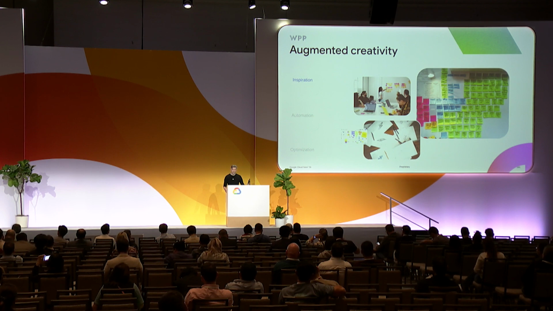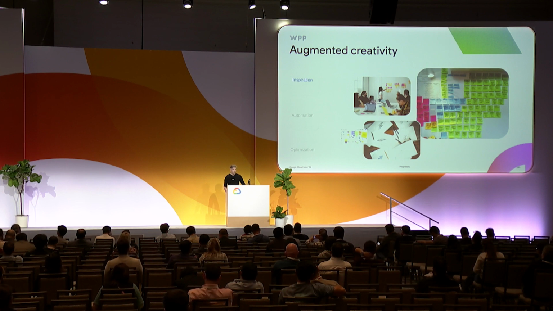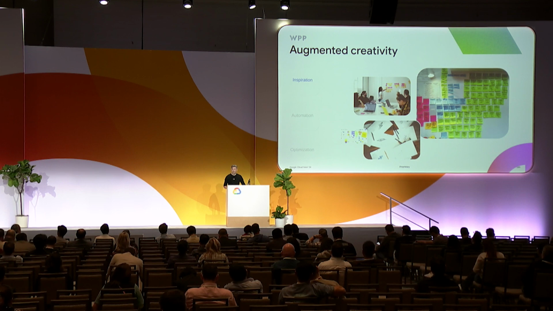And the people that work in our creative agencies really are artists. They're trying to come up with fresh thinking and new ways of moving culture forward or responding to a cultural moment. So generative AI is an interesting conundrum because it's obviously trained on historical data. So the challenge in this space is really, how do we use generative AI to come up with a brand new, fresh idea?